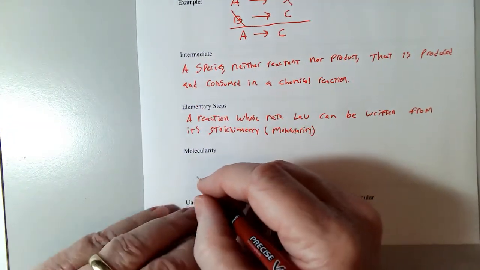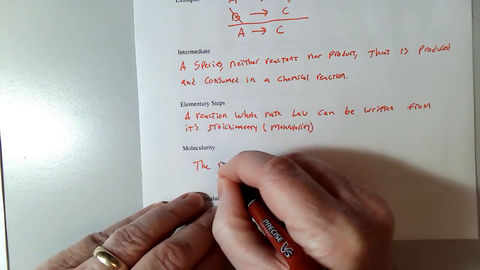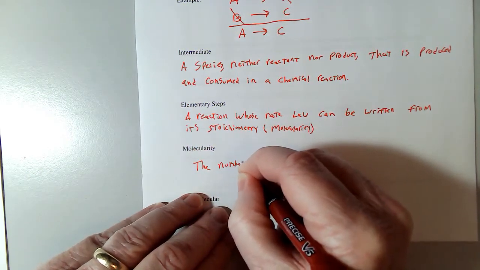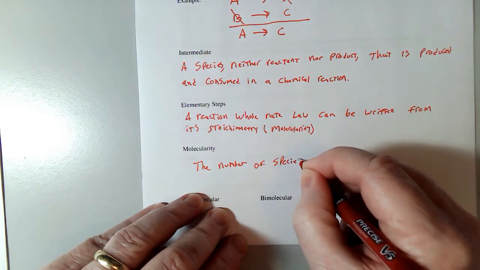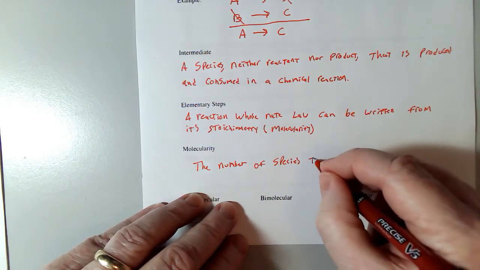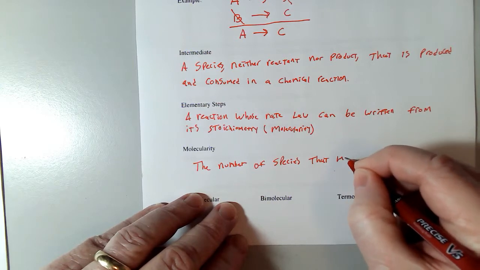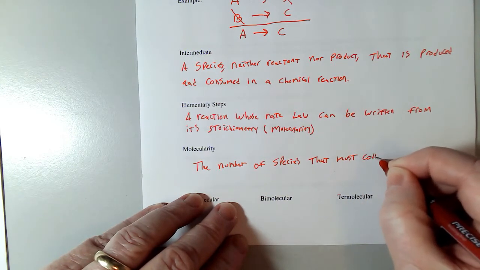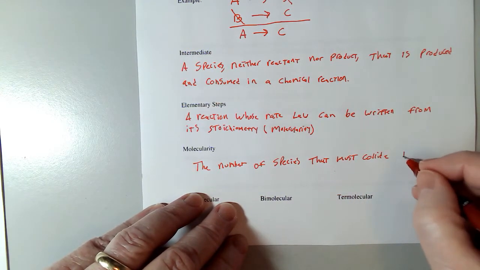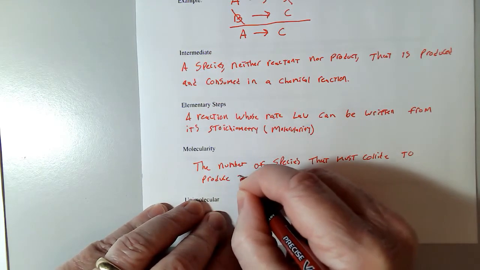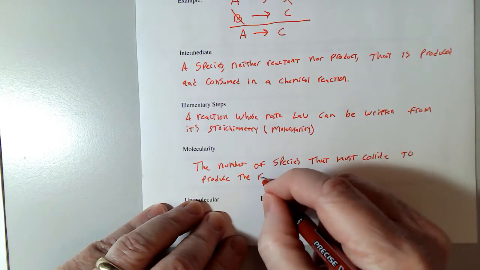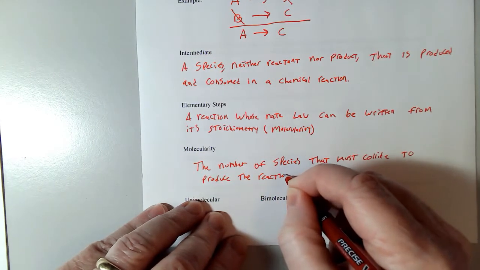Molecularity. That's just the number of species that must collide to produce the reaction indicated.